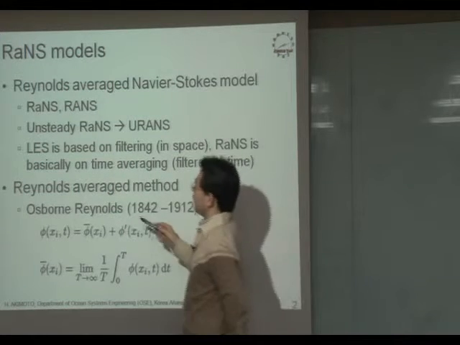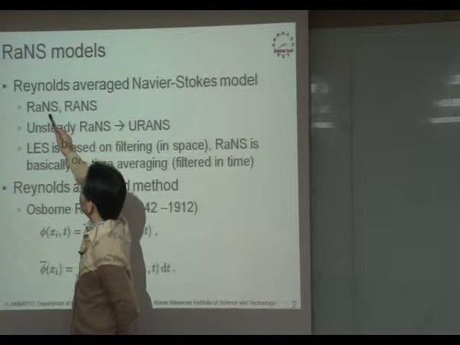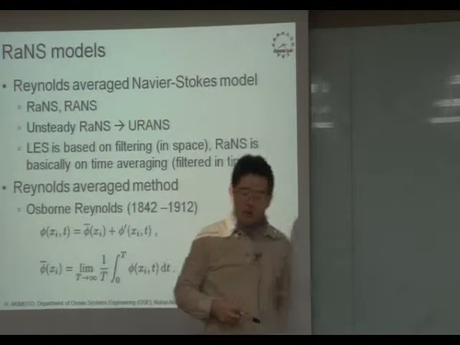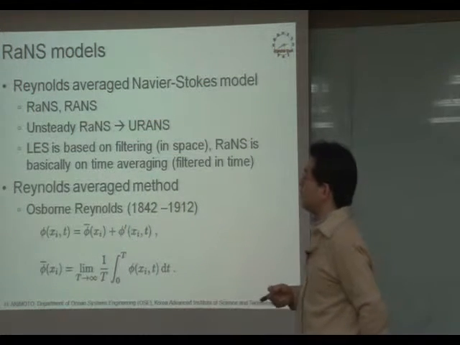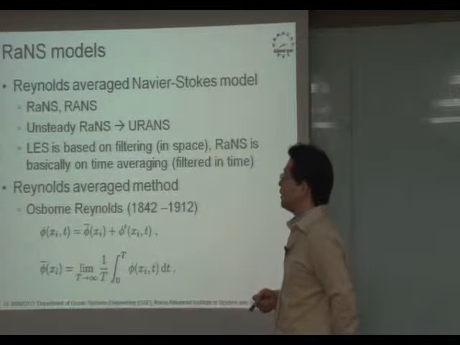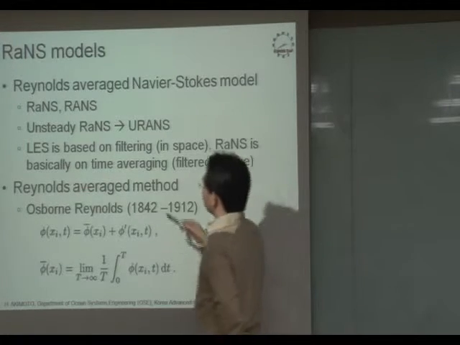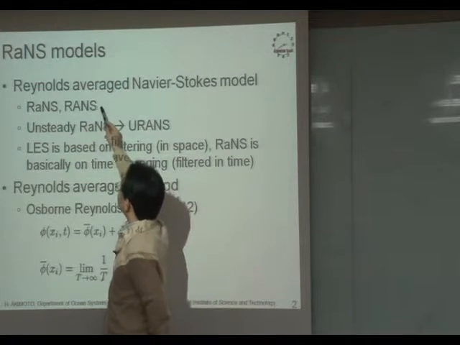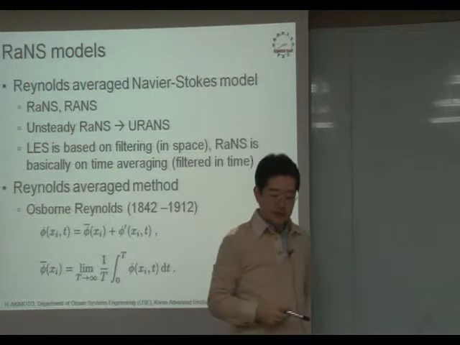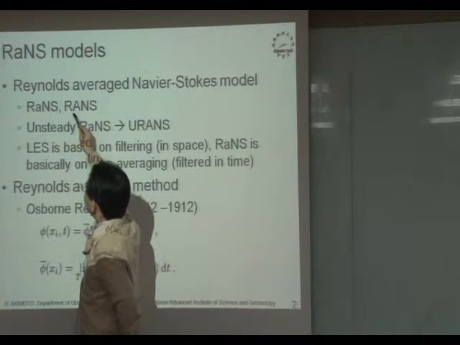But I prefer using this one because R, N, and S come from the names of researchers, so they should be written in capital letters. But A is from the average. So I prefer this one. But naturally, some researchers use the other.